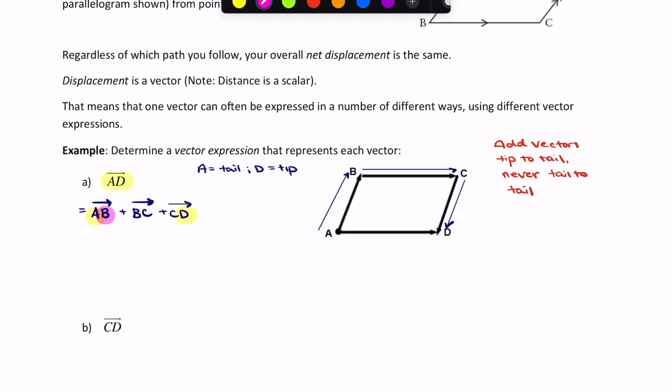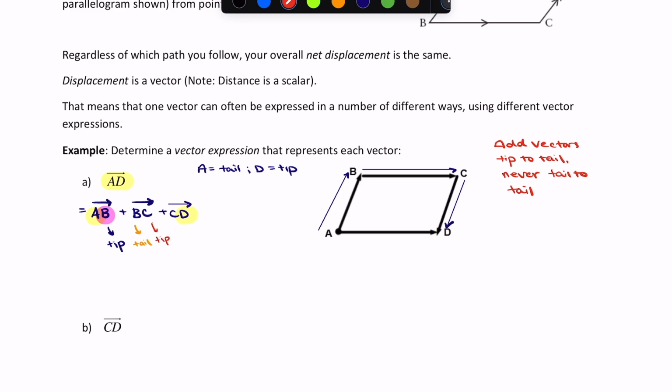And so here in vector AB, you see that our B value is our tip. But then in vector BC, our B value is the tail. And then our C value becomes the tip.